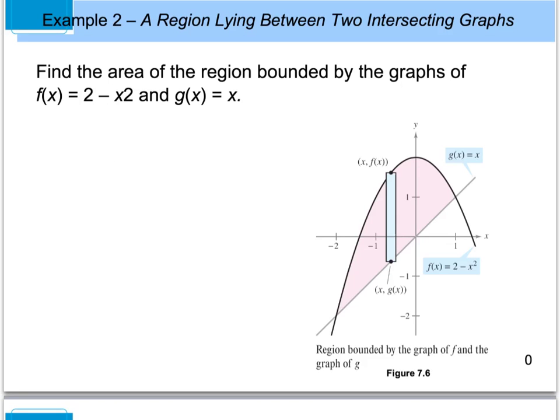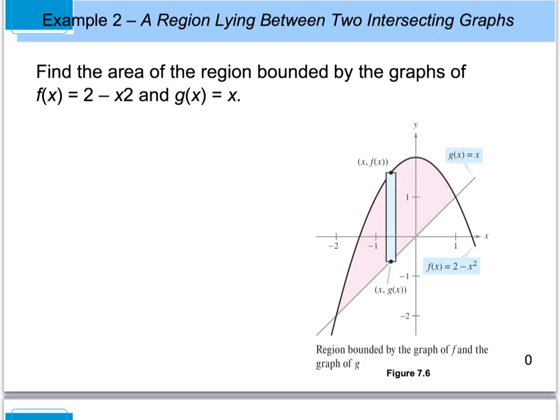So let's look at example 2, and in this case it says find the area of the region bounded by the graphs of f of x equals 2 minus x squared and g of x equals x. Again, we're given the sketch, but in case you weren't, go ahead and sketch it out. If I come in here, I want to do a vertical rectangle because this is going to be hitting both functions.